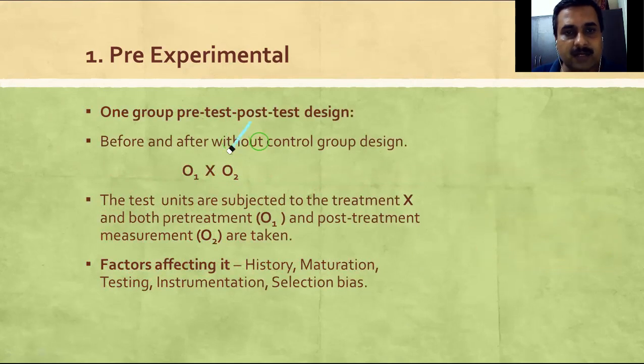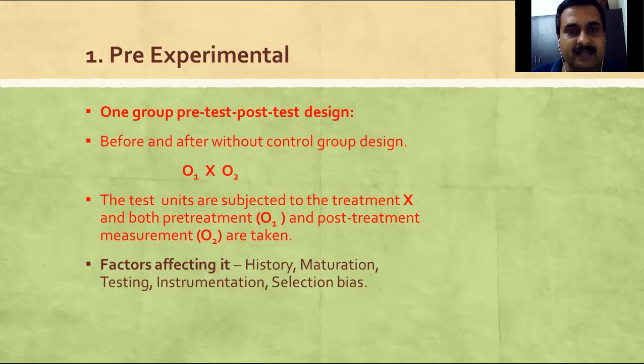Erase this marker first and we'll move ahead. The second one says one group pre-test and post-test design. The first one was only concerned about the post-test result, but in this case, we are concerned about the pre-test and post-test research design. In this, we have the first observation before the exposure is given and the second observation after the exposure is given.